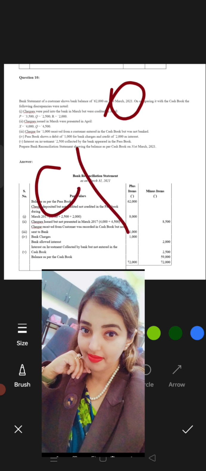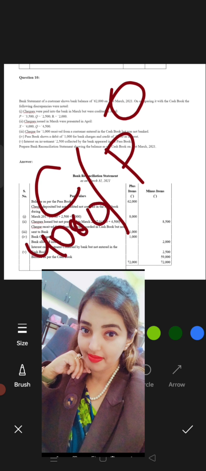So this is your cash book and this is your passbook. So here it's given 4,000 and 4,500. Check issued means minus. In the passbook were presented in April. Next month present हो रहा है April में पेमेंट के लिए. But presently it's not deducted from your account.